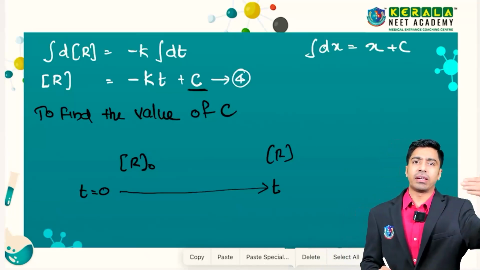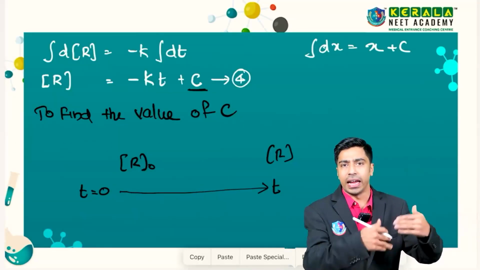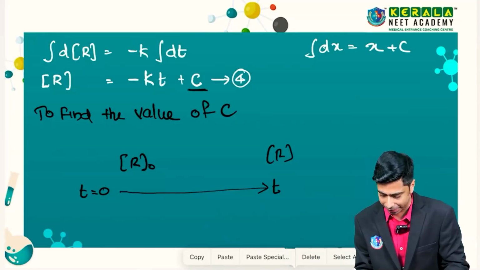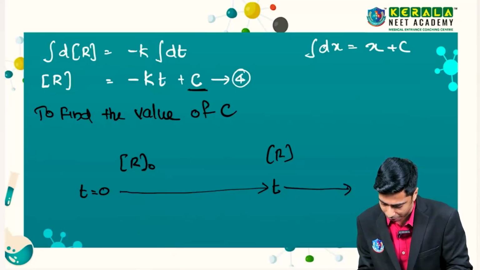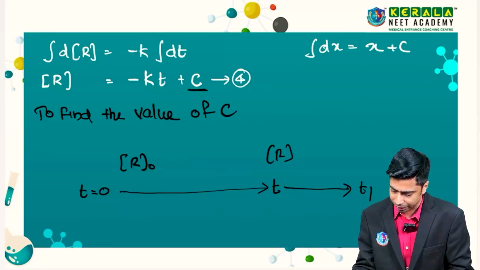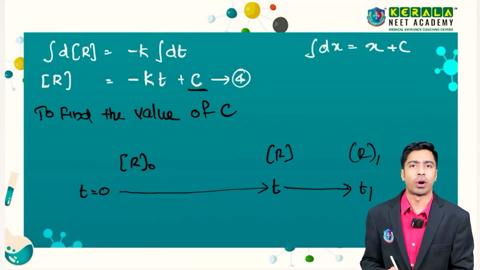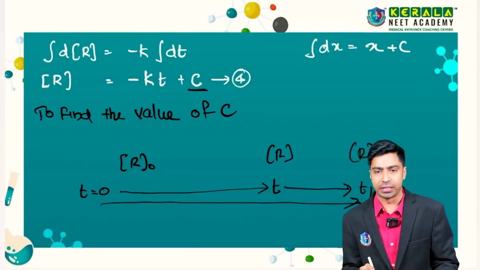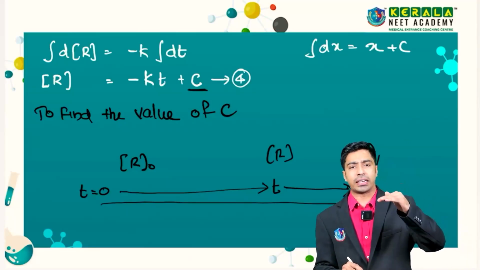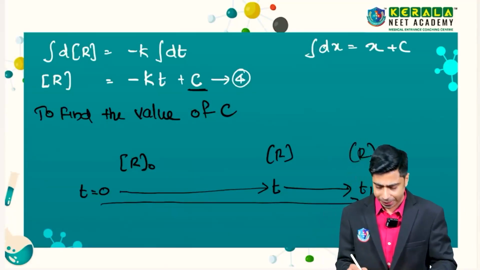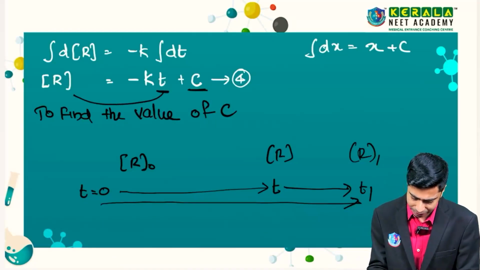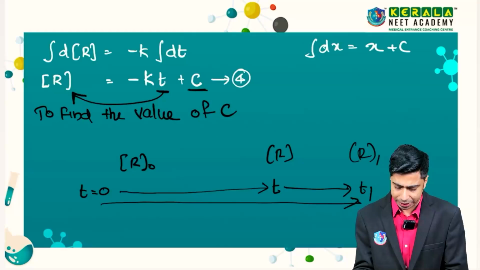When you give more time for the reaction, the concentration of reactant keeps on decreasing. If you move to another time, T1, the concentration will be another concentration, R1. So when time increases, the concentration of reactant keeps on decreasing, and at time t the concentration of reactant is R. So what about at time 0?